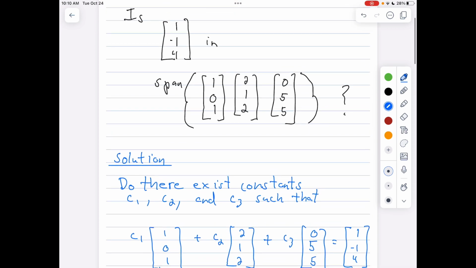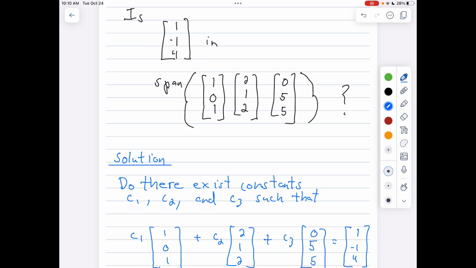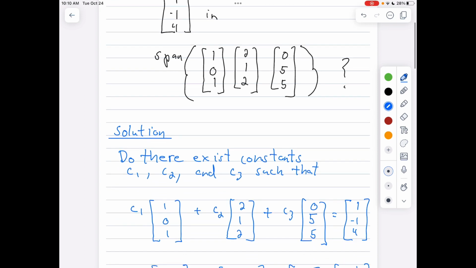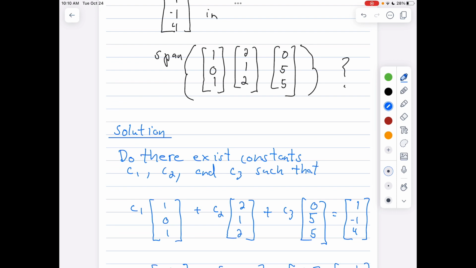So what do we mean by that? What do we mean by saying a vector is in the span of a collection of vectors, or a set? What we're asking is, do there exist constants C1, C2, and C3, all real numbers, such that C1 times the first vector (1, 0, 1) plus C2 times the second vector (2, 1, 2) plus C3 times the third vector (0, 5, 5) equals (1, -1, 4).